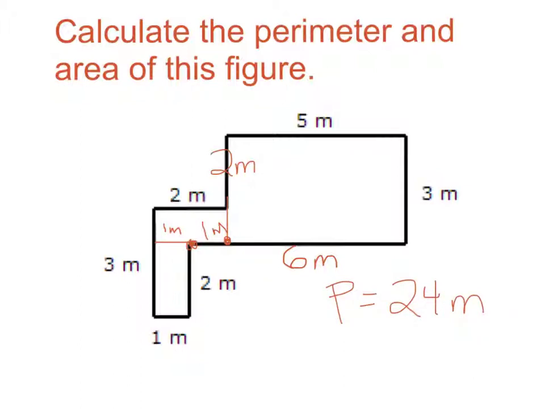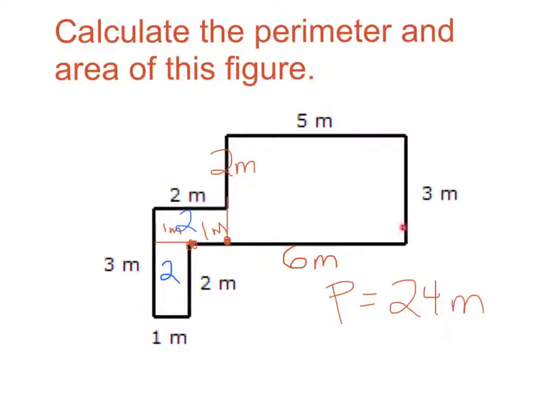Next, to calculate the area, we need to find 3 smaller areas and add those up. If this rectangle is a 2 meter by 1 meter rectangle, then its area would be 2 square meters. If this rectangle is 2 meters by 1 meter, that gives us another 2 square meter rectangle.